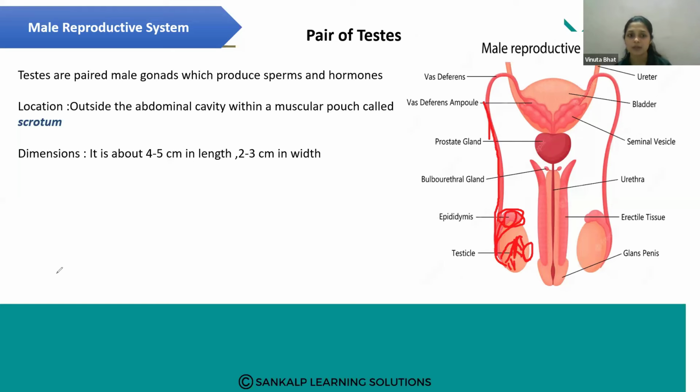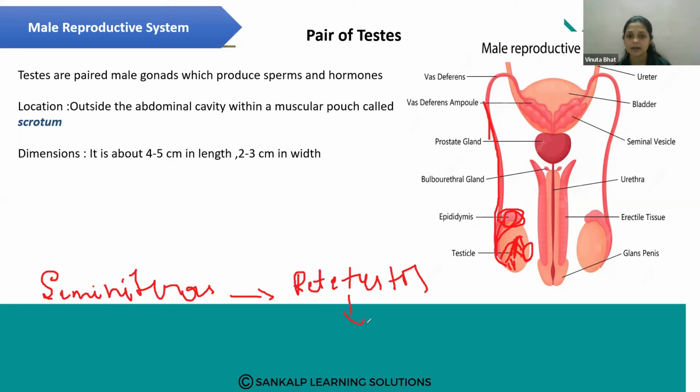Okay, so seminiferous tubules produce the sperms. Then they move to the rete testis. Then rete testis opens into the vasa efferentia.